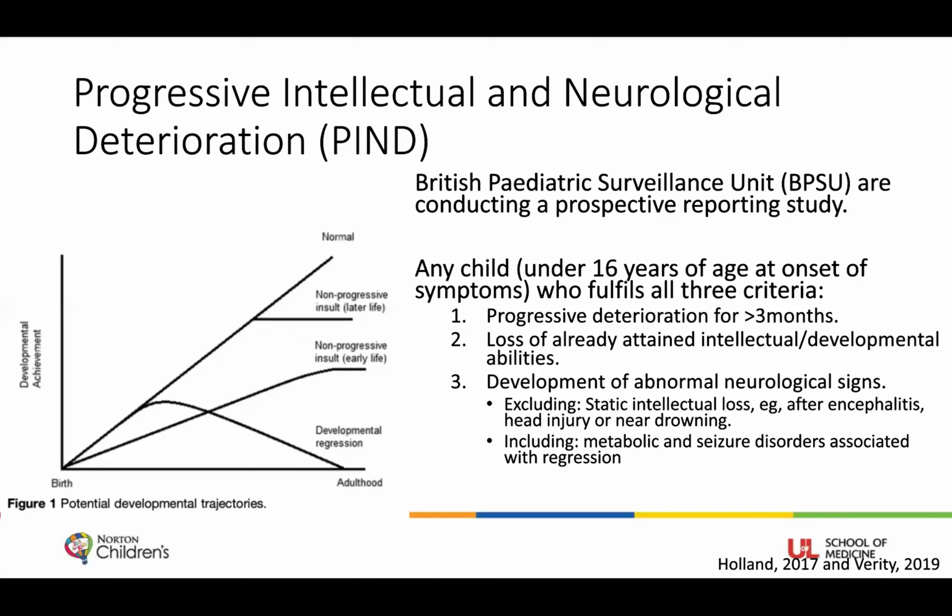That's what progressive intellectual and neurologic deterioration is. And that's what we're really calling regression, like true regression. You lost your milestones and you developed a new focal neurologic deficit. And we exclude static loss, encephalopathy, drowning, stuff like that.